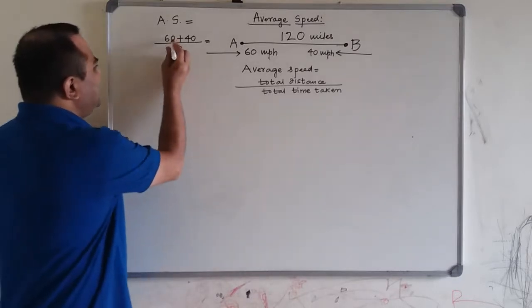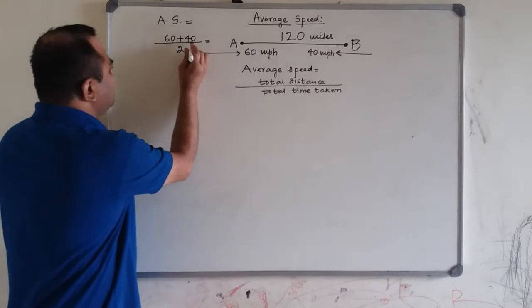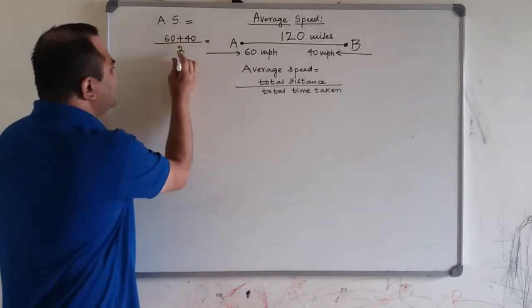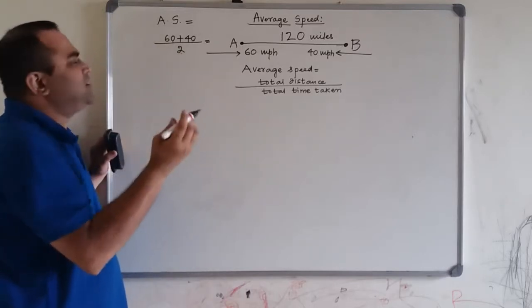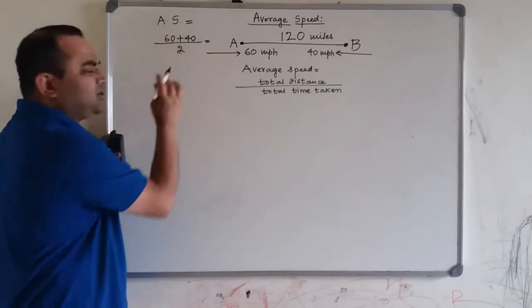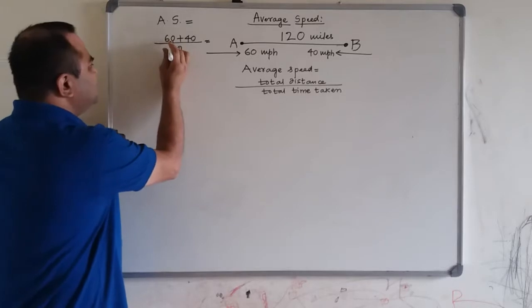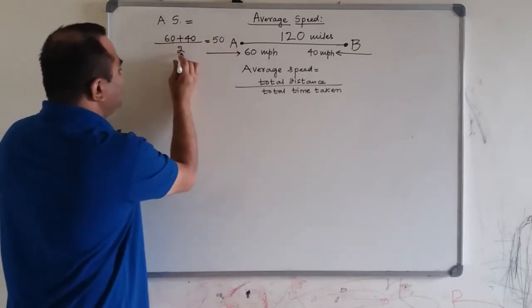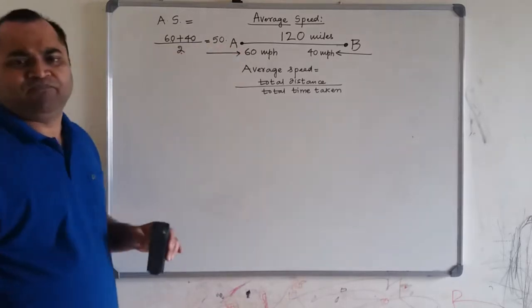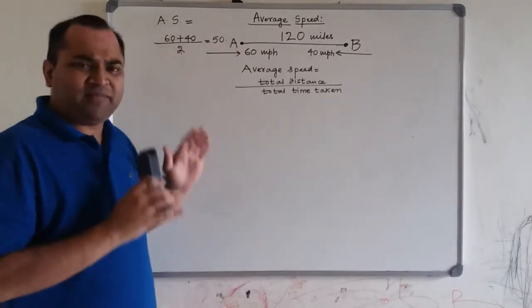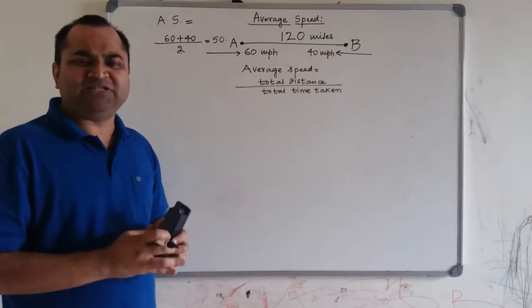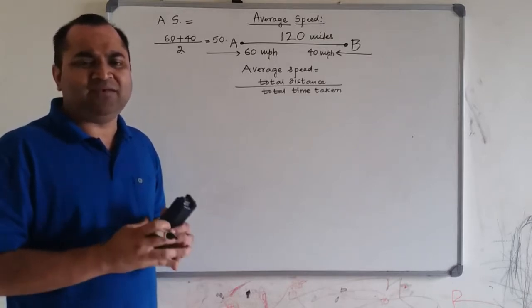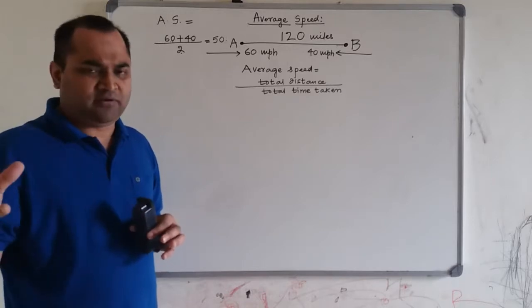So the statistical average of these two numbers 60 and 40 is sum of those numbers over number of numbers. 60 and 40 are 2 in number, therefore their statistical average will be 60 plus 40 over 2, which is 50. This kind of method to find average speed can be applied only under one condition, which we will see later on.